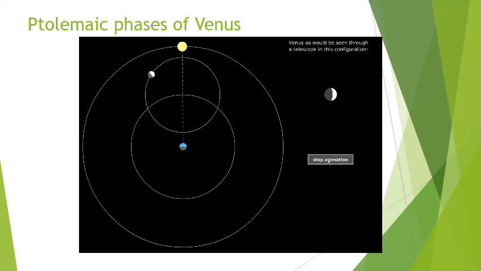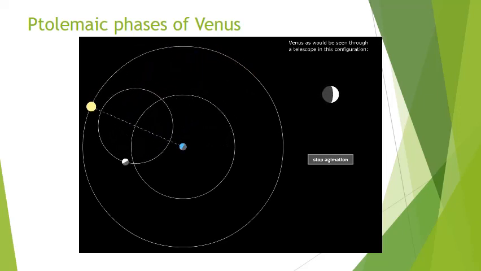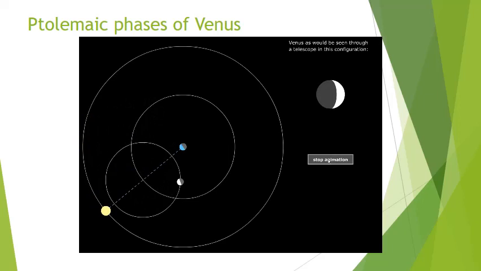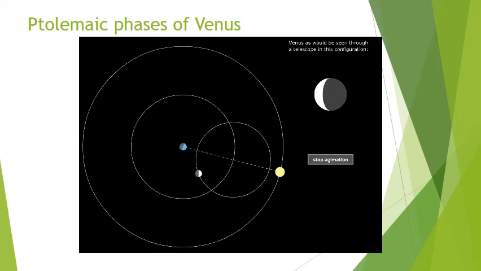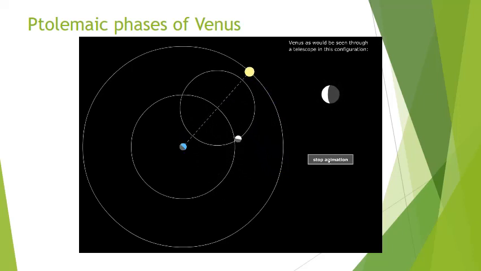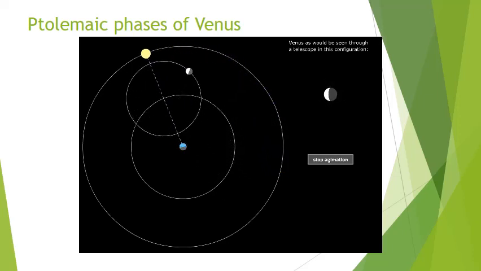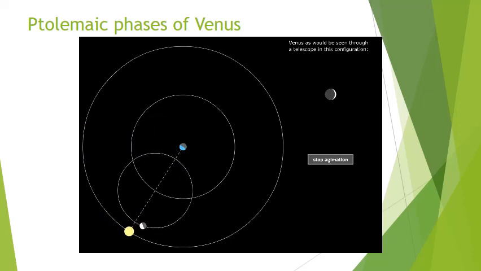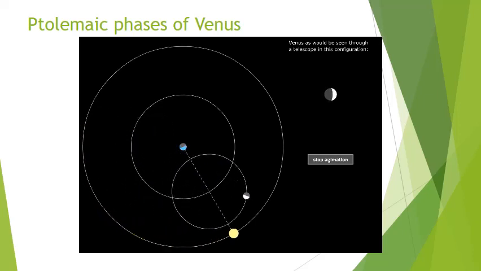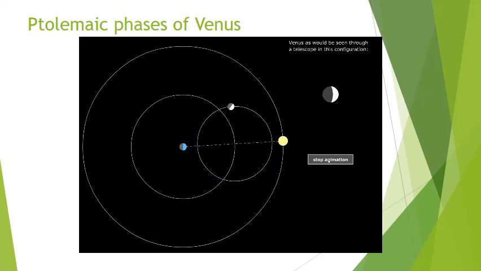As we see, Venus appears to be moving in one direction with respect to the sun. Then it appears to move in the other direction with respect to the sun. And then it slows down and almost comes to a stop in its position with respect to the sun. Then it continues in the same direction as the sun for a while, slowing down, and then appears to be moving in the opposite direction of the sun.